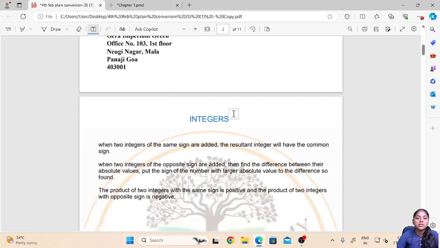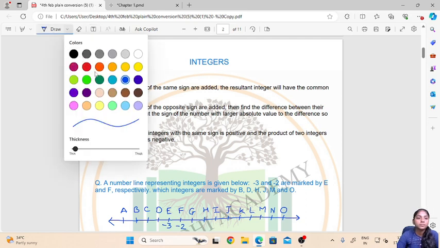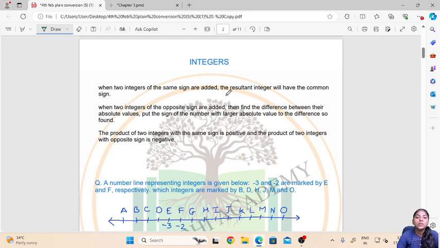Let us recall some more rules. When two integers of the same sign are added, the resultant integer will have the common sign. So when 2 and 2, both these integers have a common sign, that is plus. They are positive integers, so the answer will also have the plus sign.